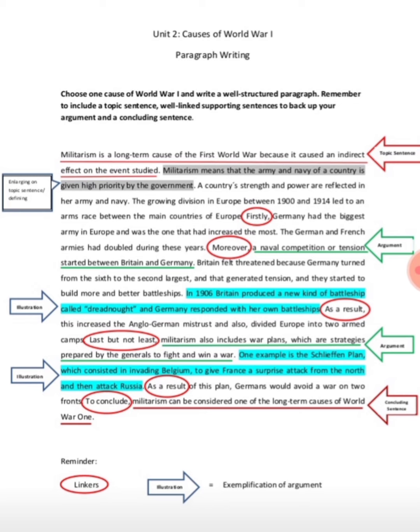Then we talked about the supporting statements or sentences. So what are those supporting sentences? Supporting sentences are those sentences which provide the details about your topic sentence. I told you that you have to do a homework in your mind first.